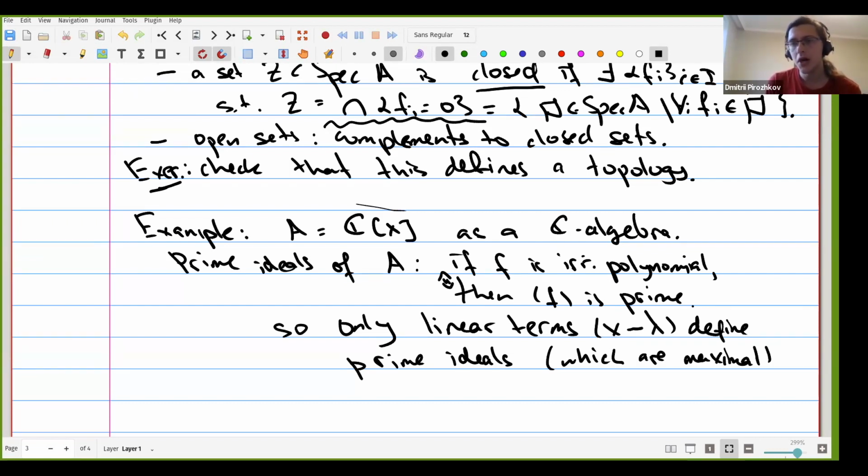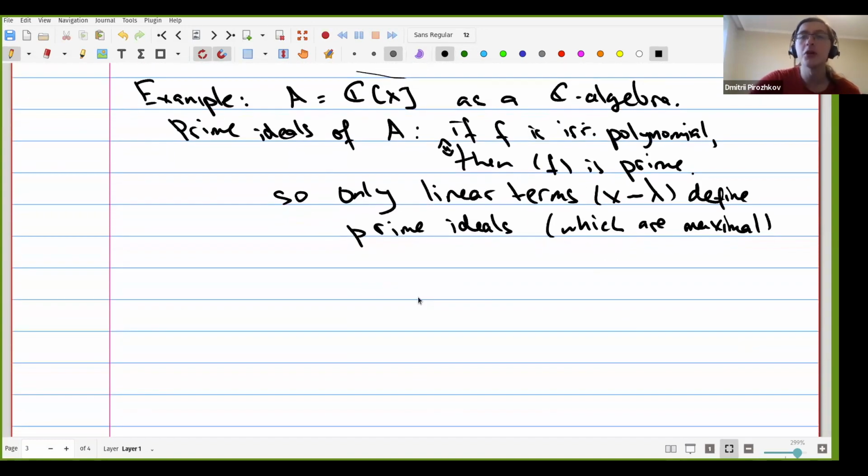But also, there is another option. What if we don't have any polynomials at all, and consider just the zero ideal, which is a prime ideal because this ring has no zero divisors.